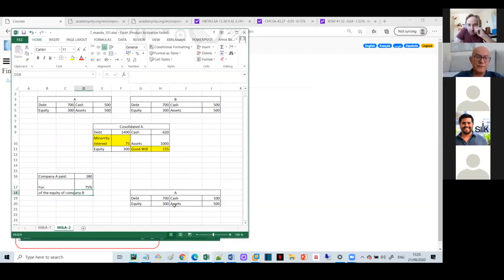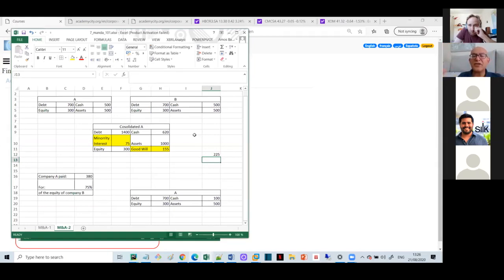First of all, for 75%, we paid 380. How much is the book value of 75% of the 300? So 75% of 300 is exactly 225.